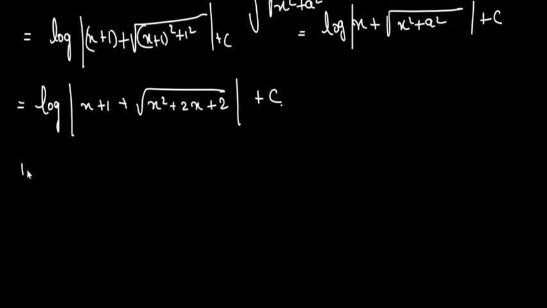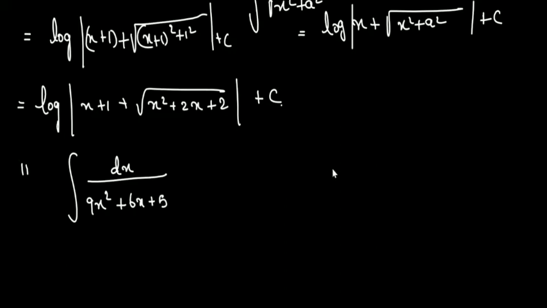Question 11. Integrate dx by 9x square plus 6x plus 5. Again you have a quadratic in the denominator. You have to bring this into the standard form, that is sum of two squares or difference of two squares.